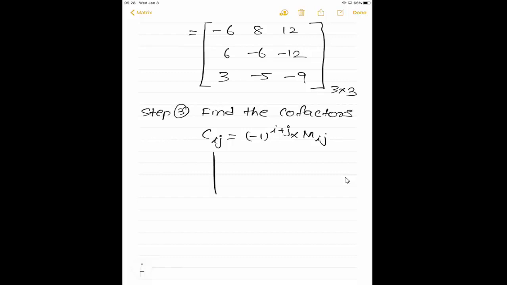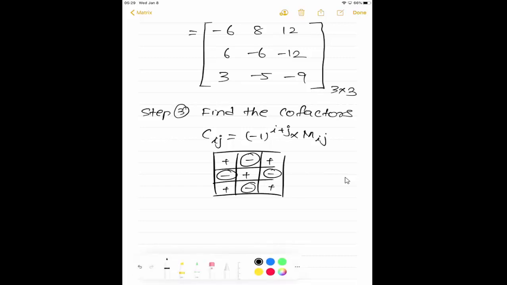We know how the checkerboard will look like. So all these 4 elements' signs will change and the remaining elements' signs will be the same. It means in our example these 4 values' signs will change. So you can find one by one.